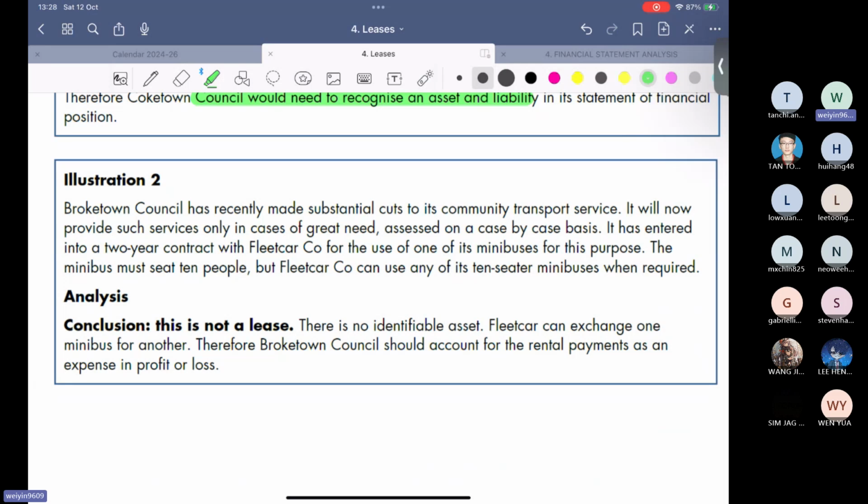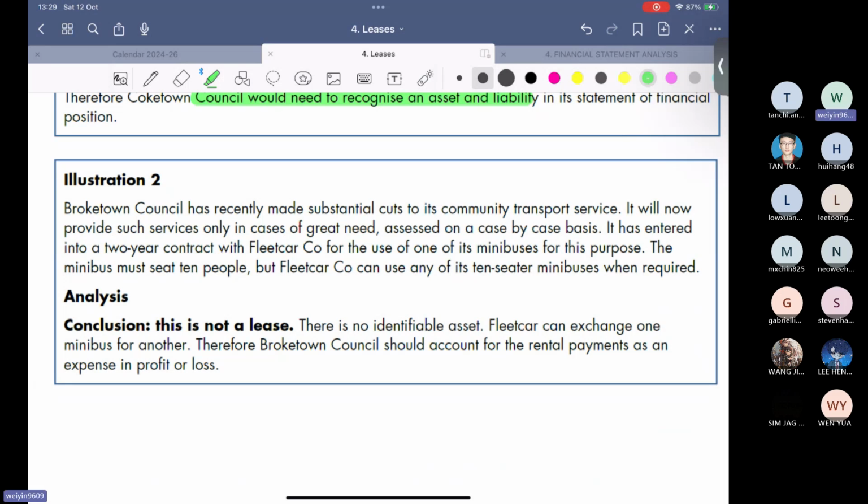Okay, for this illustration, Corktown Council has recently made substantial cuts to the community transport service. It will now provide such service only in cases of great need. That means maybe for the transportation, no one wants to use it, so they cut out the unpopular ones and only remain with the needed ones, assessed on a case-by-case basis.